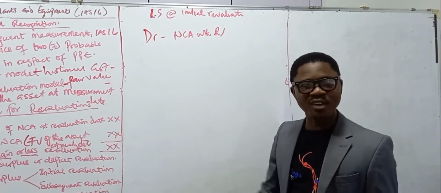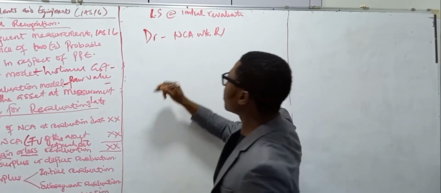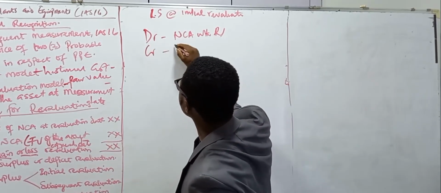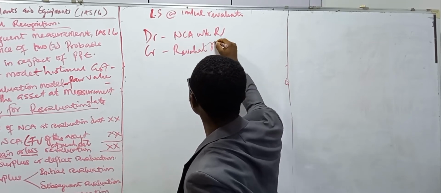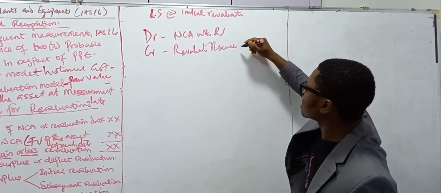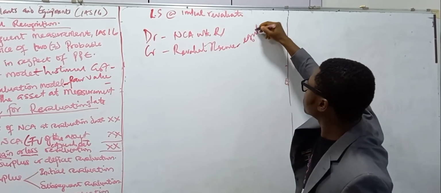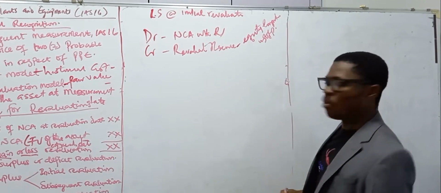Why? Because the value of the asset has increased. While the revaluation reserve will be credited with the revaluation amount. And we know that the revaluation reserve is part of the equity component in the statement of financial position.